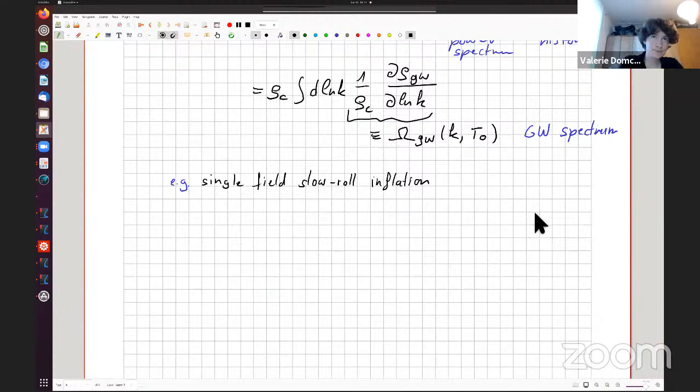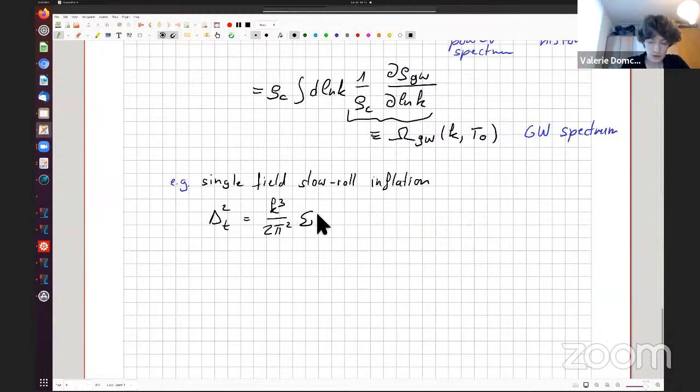So essentially the prediction of inflation is that the power spectrum of these gravitational waves, the 2-point function of the gravitational waves produced in this way, is often called delta t squared, which is sometimes related to the usual power spectrum by a k-cubed factor.